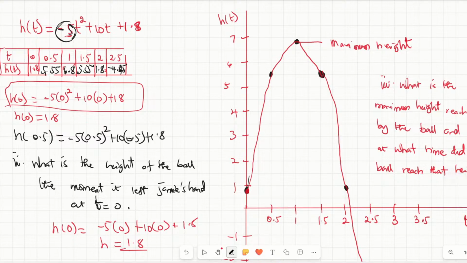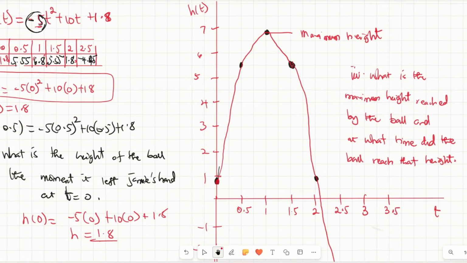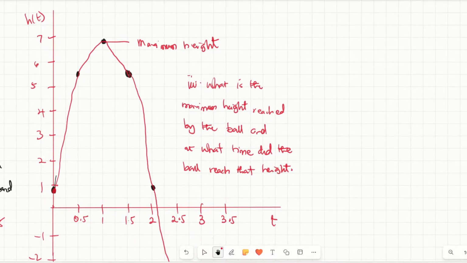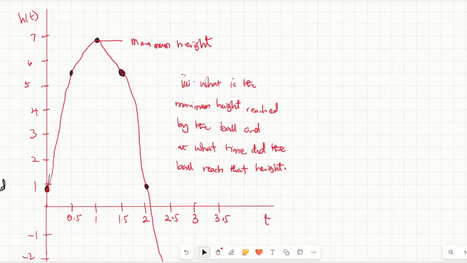So we want to look at the maximum height reached by the ball, and the time that the ball reached the height.